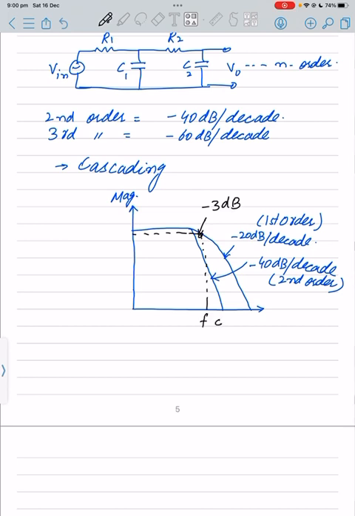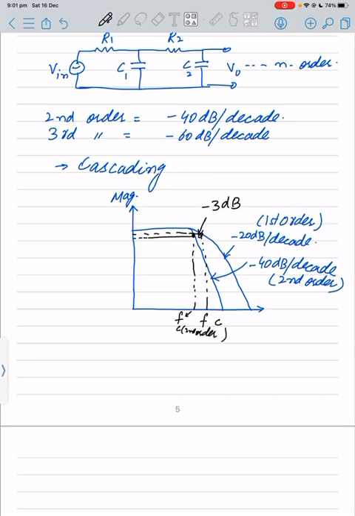But in case of our second order filter, that now will be a minus 6 dB. So when the magnitude has almost decreased over there, so that will be now the corner frequency, but for the second order.